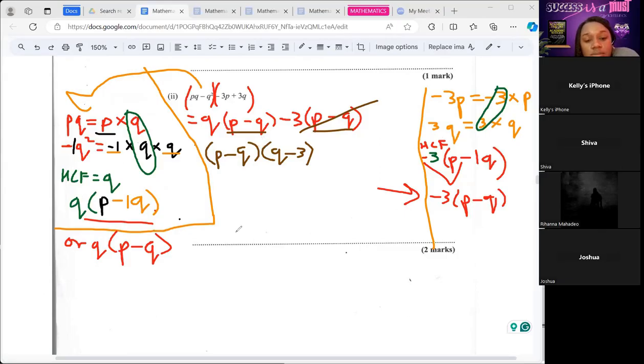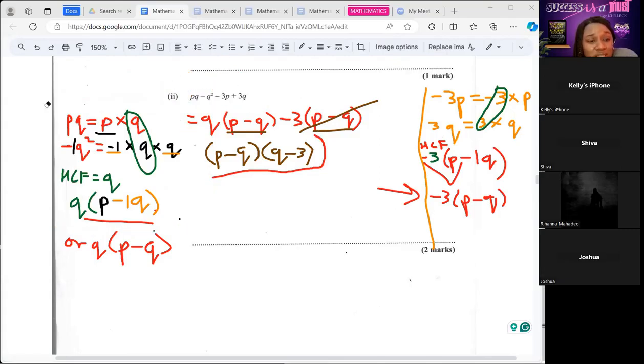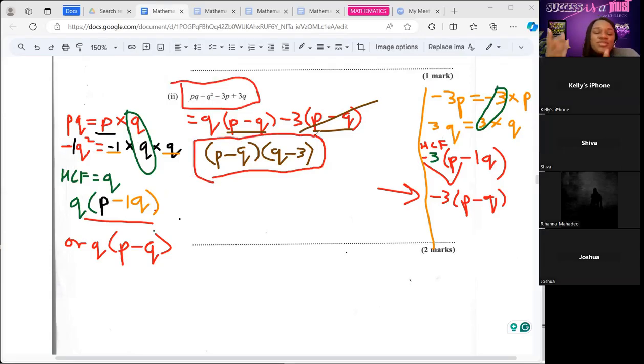Let me tell you why you don't have to multiply this. If you multiply these two brackets, you'll end up back with this stuff that's on the top here. You'd just be doing the reverse of what you just did. So you don't have to multiply the brackets, just mentioning that, right?